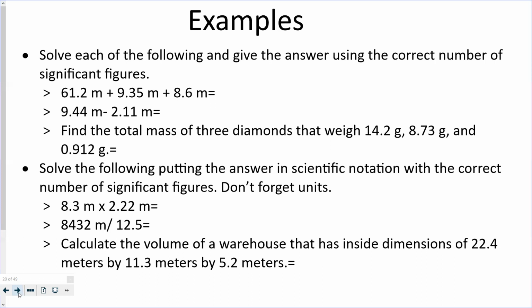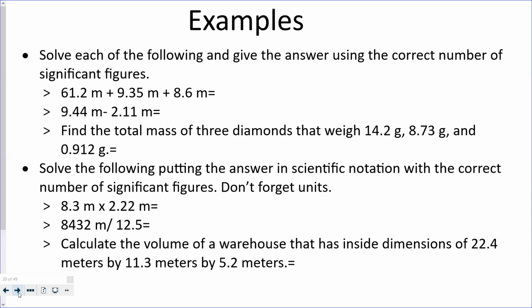So let's do a couple from the top section. It says solve each of the following and give the answer using the correct number of significant figures. Our first problem is 61.2 meters plus 9.35 meters plus 8.6 meters. I would punch that in the calculator first and then figure out your rounding.